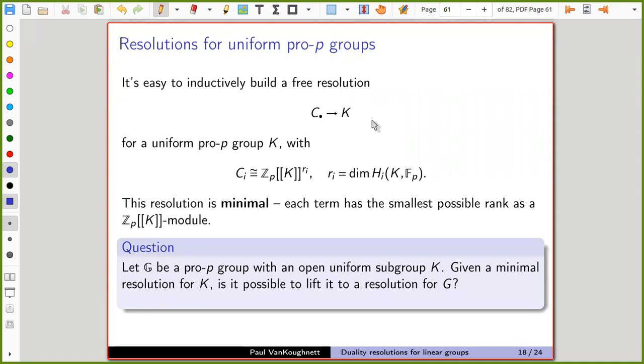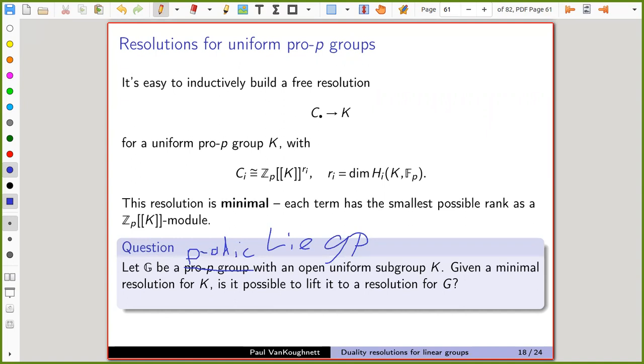So one way of thinking about this question, which is actually asking a more restrictive question than the question I originally asked, is let's start with the pro-p group. Let's pick an open uniform subgroup K, which we know exists by, once we cross out this phrase and write p-adic Lie group here instead. Great.